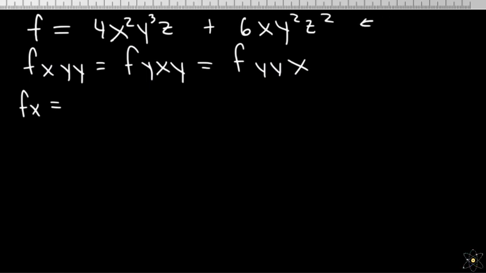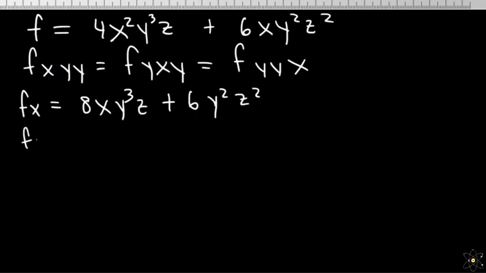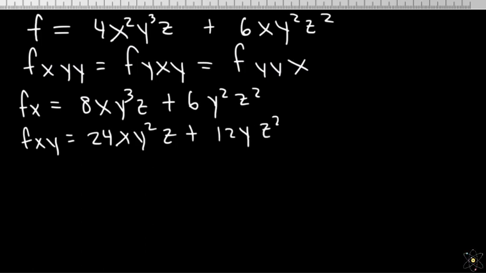Let's differentiate this function with respect to x. So the derivative of 4x squared is 8x times the constants y cubed z. The derivative of 6x is 6, and then times y squared z squared. Now we need to differentiate fx with respect to y. So it's going to be the derivative of y cubed, which is 3y squared times 8. So that's 24x y squared z. And the derivative of 6y squared is 12y times z squared.